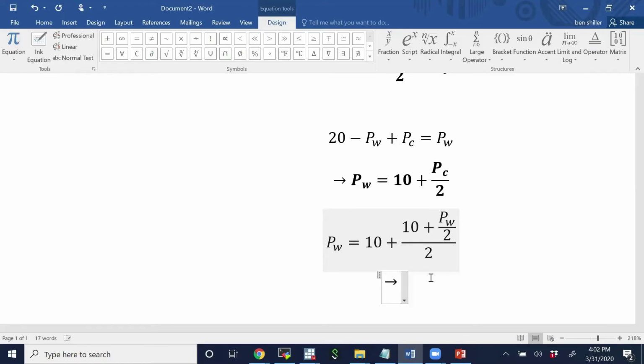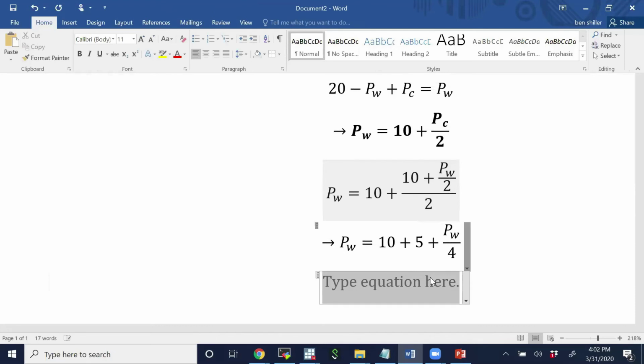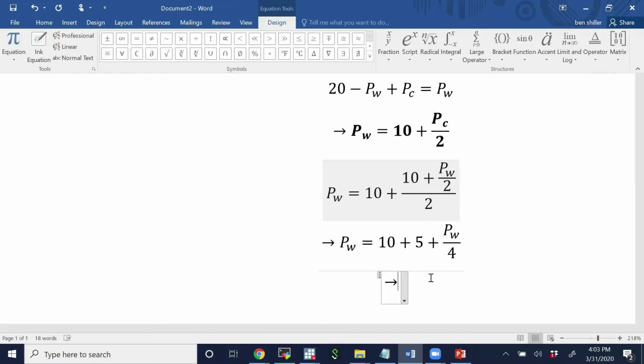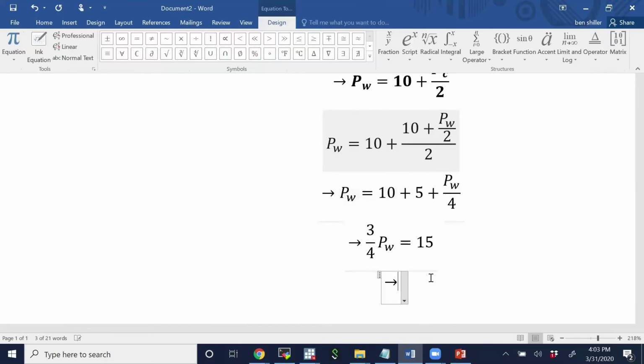So the price of wheat is equal to 10 plus 5 plus the price of wheat divided by 4. If we subtract 1/4 times the price of wheat from both sides, we get 3/4 times the price of wheat is equal to 10 plus 5, which is 15. If we multiply both sides by 4/3, we get that the price of wheat is equal to 4/3 times 15, which is equal to 20.